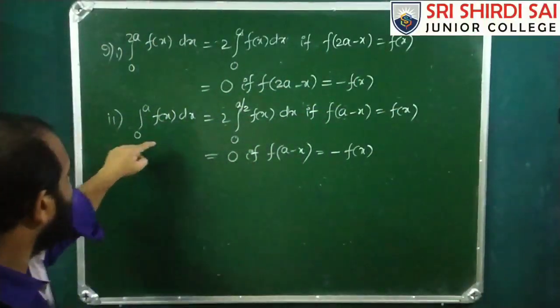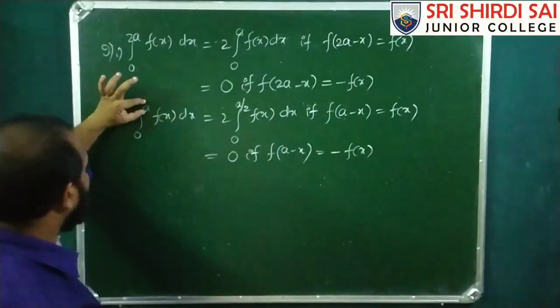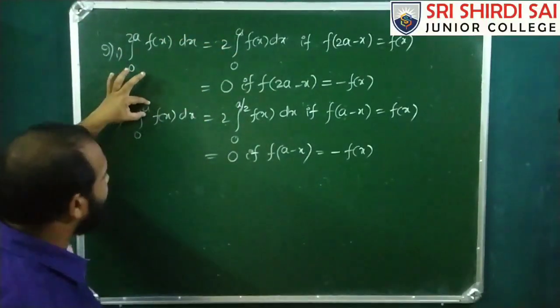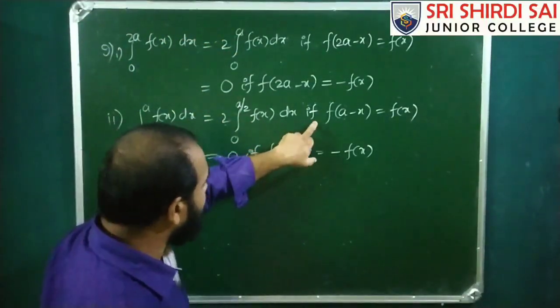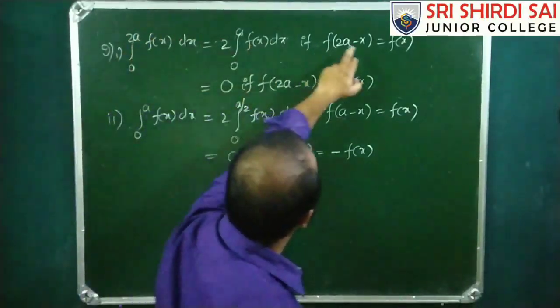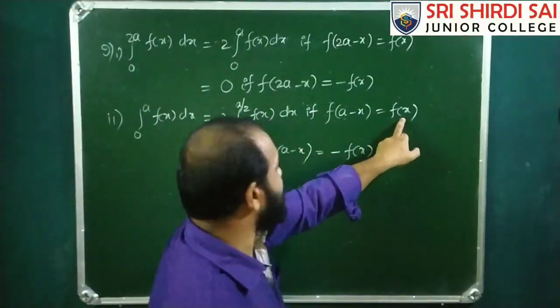Here 0 to a, 2 will come forward as usual like this and a's half, here 2a's half is a, here a's half is a by 2, f of x dx if upper limit minus x, here also 2a minus x, f of x, here a minus x, f of a minus x is equals to f of x.